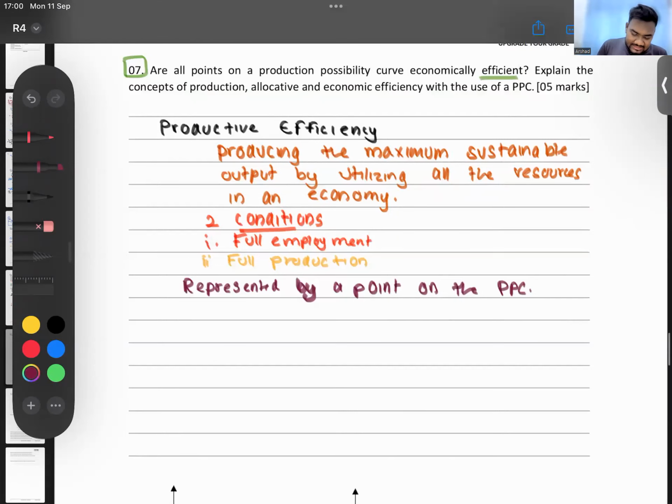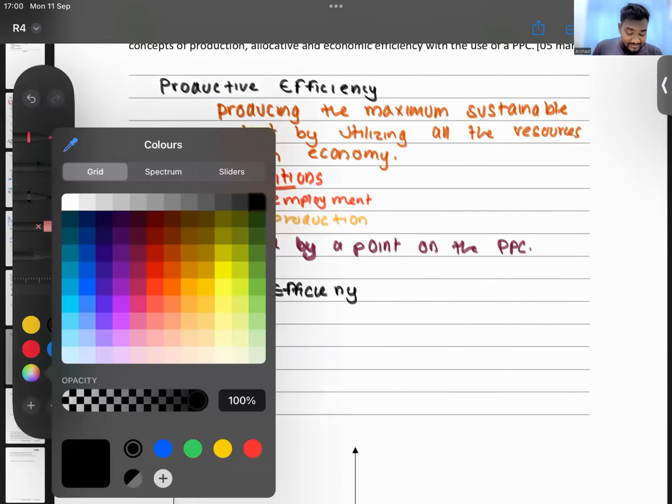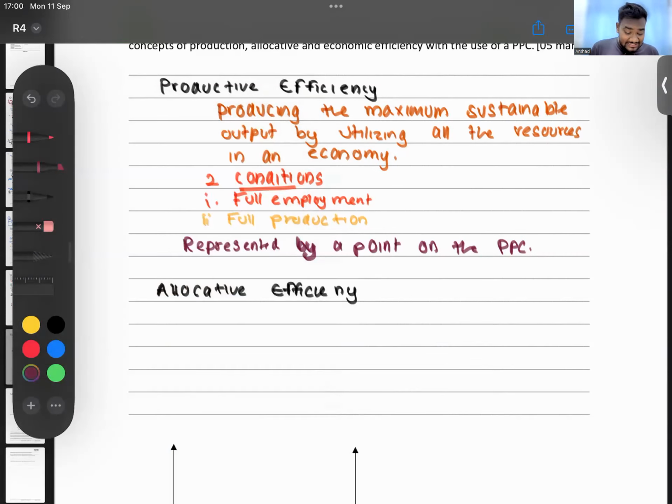Okay. Then what about allocative efficiency? What is allocative efficiency? This is when you produce the most desirable goods and services.